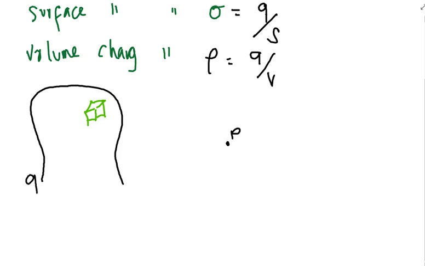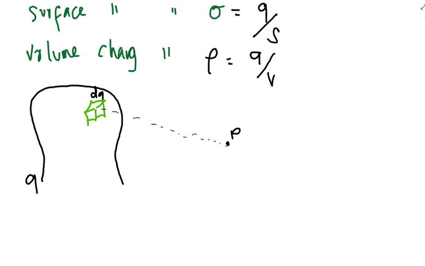This is your charge. Since we take only a small portion of our charge, we label it as dq, meaning the differential, or small, part of our specific charge. To solve for the electric field, we need to know the distance between this portion and the specific point where we measure the electric field.